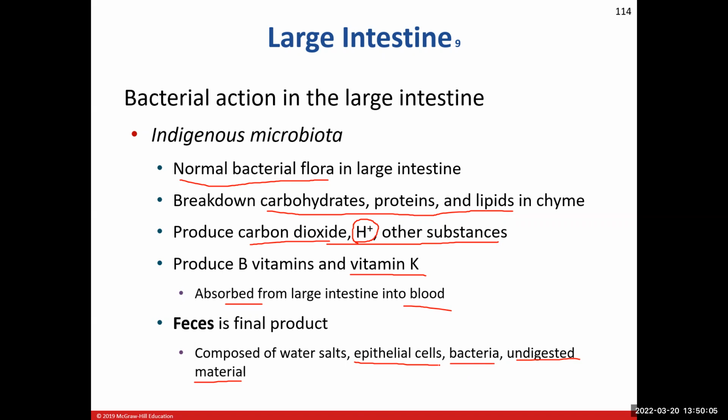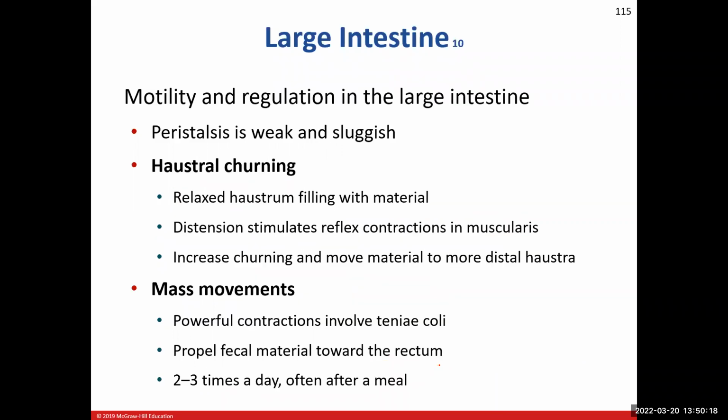And especially when we get down into the rectum and the anal canal, that anal canal is lined with stratified squamous epithelial tissue. So we'll see epithelial cells in our feces. And then, of course, we'll have some salts in there.